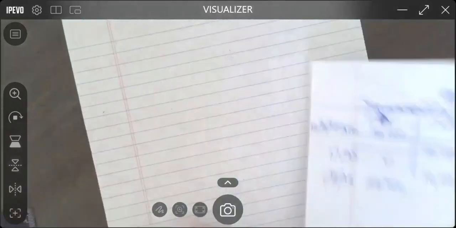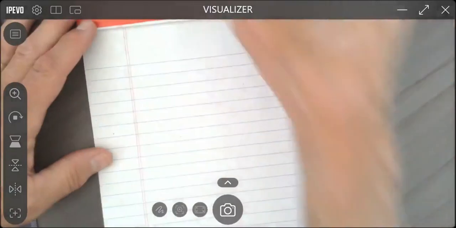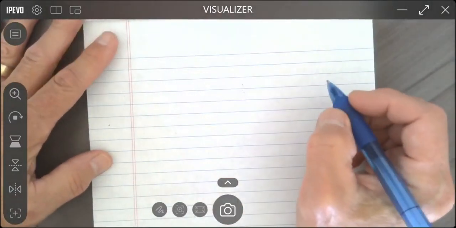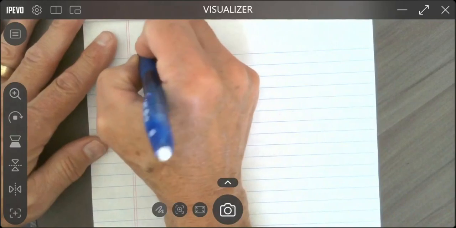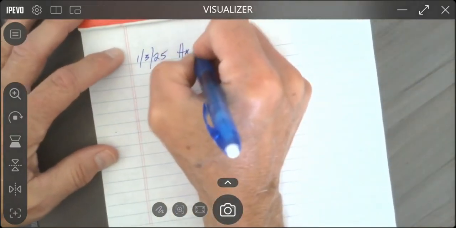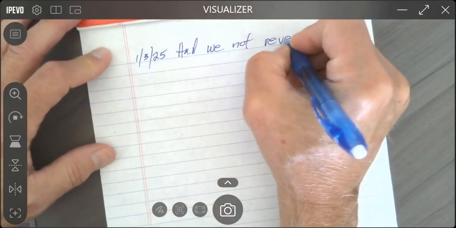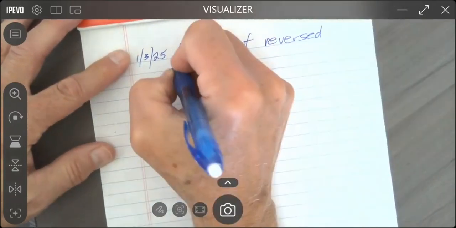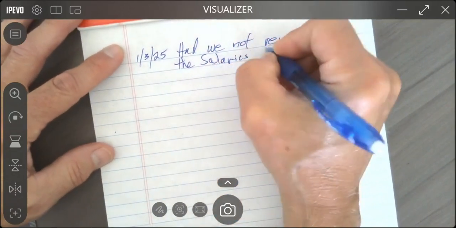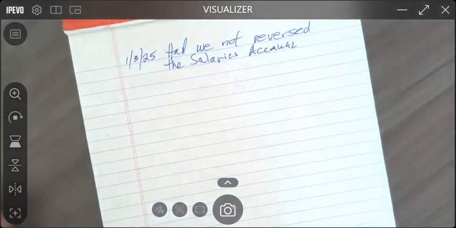All right. Keep working through that. See if it makes sense. Now, let's do the last question. What would we have done entry at 1/3/25 had we not reversed the salaries accrual? All right.